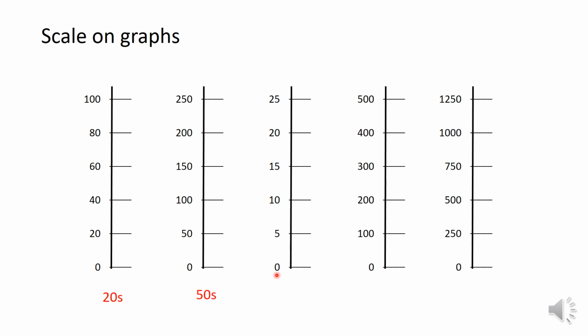This one, 0, 5, 10, 15, 20 and 25, is going up in 5s. 0, 100, 200, 300, 400, 500 is going up in 100s. And lastly, 0, 250, 500, 750, 1000, 1250 is going up in 250s.